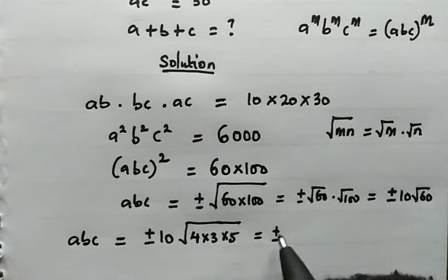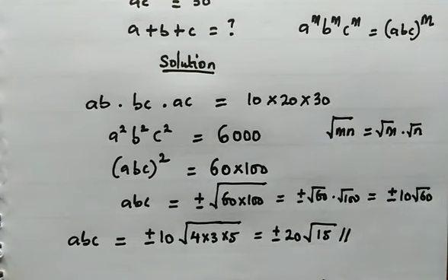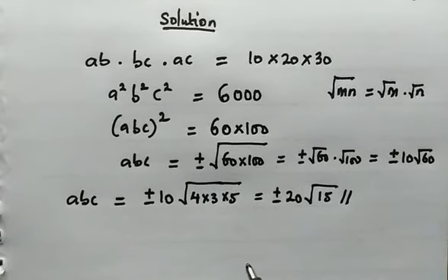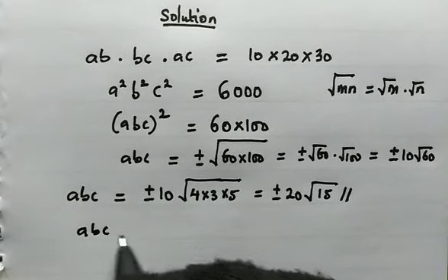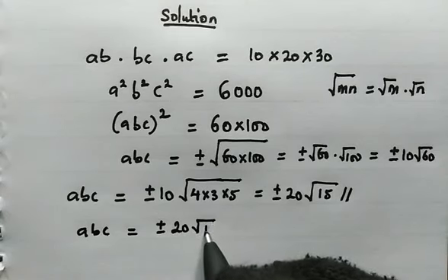Then this 2 times this 10 will be 20, then the square root of 3 times 5, which is 15. And I'm very sure this is the lowest simplified form. Now, we already have that ABC equals plus or minus 20 root of 15.